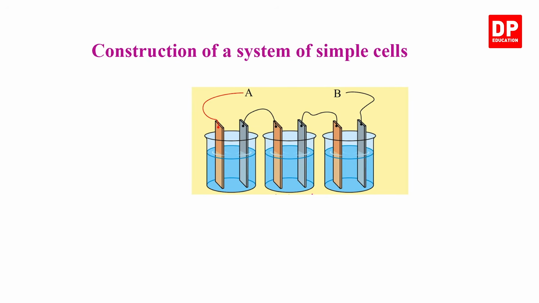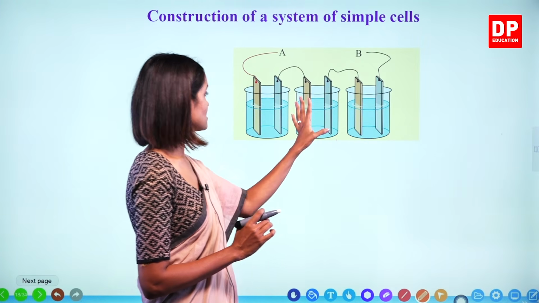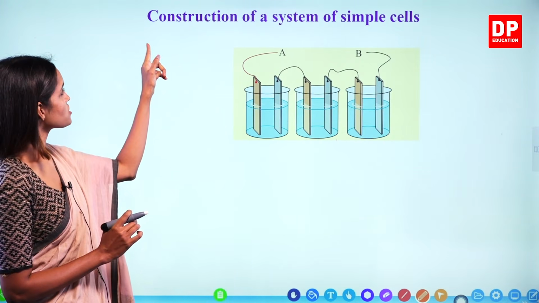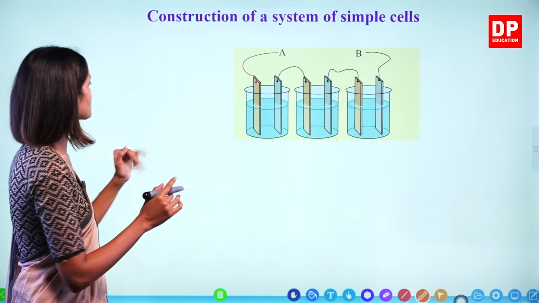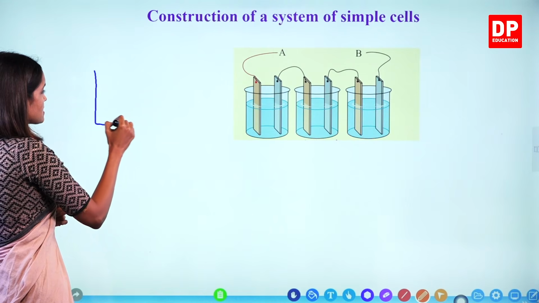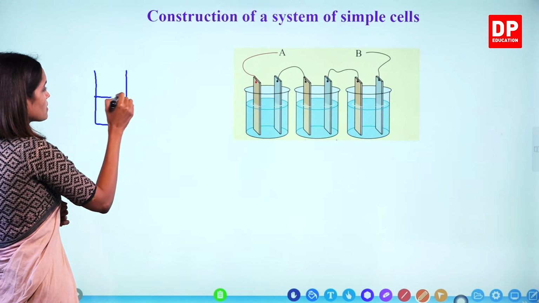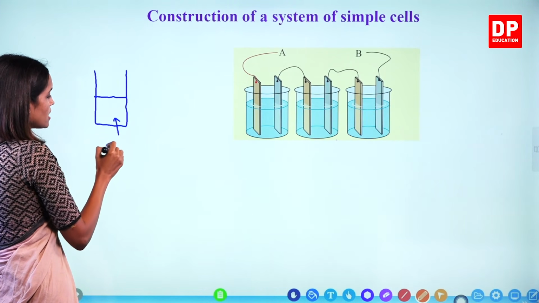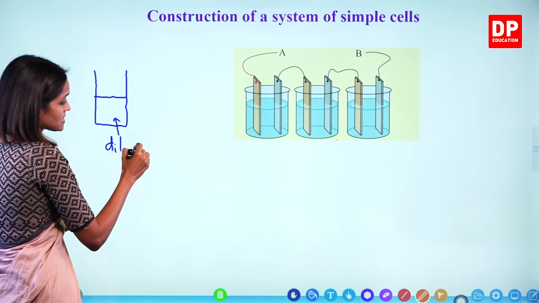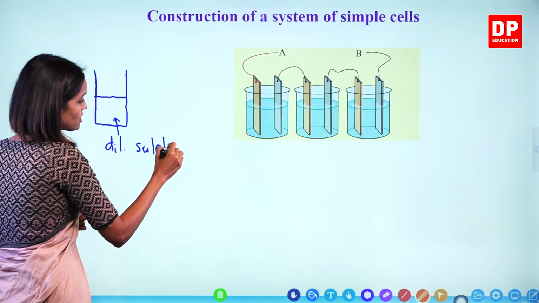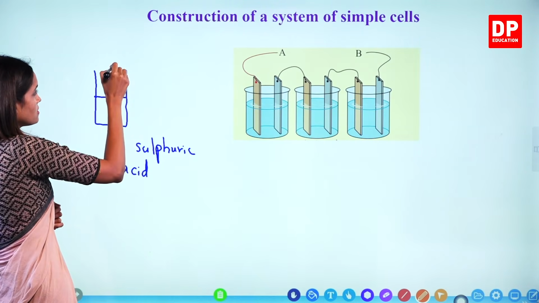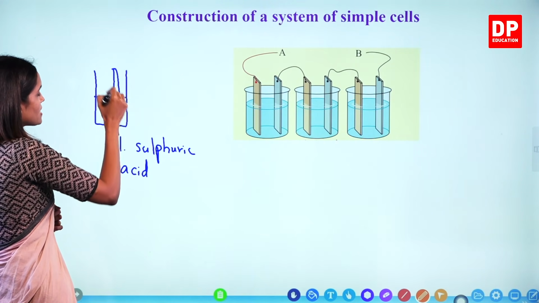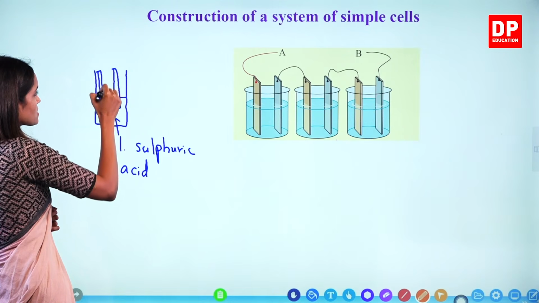Okay, now we have a setup made with 3 simple cells. Construction of a system of simple cells. What is a simple cell? We already discussed this. A simple cell is made of dilute sulfuric acid and 2 metal plates immersed in this dilute sulfuric acid.